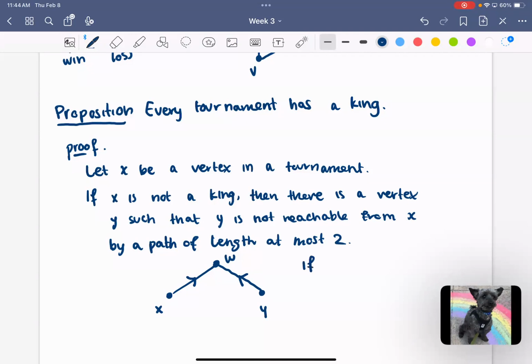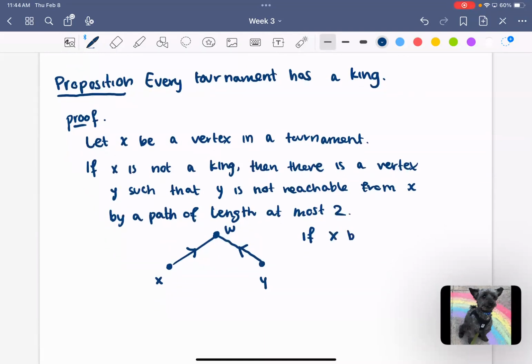So for every edge from X to a vertex W, we have also the edge YW.